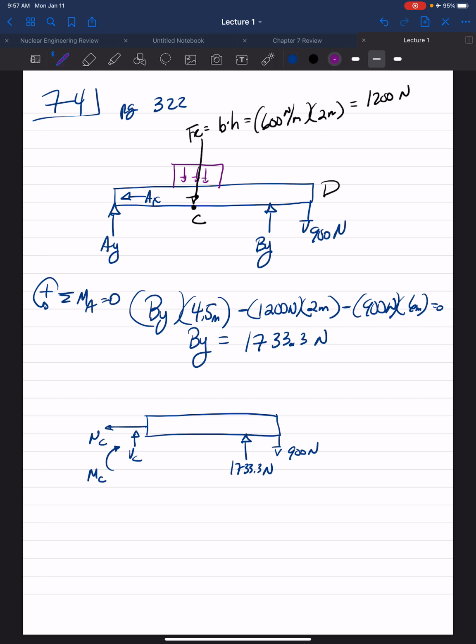The intensity is still the same, 600 newtons per meter, but the base length is no longer 2 meters, it is 1 meter.